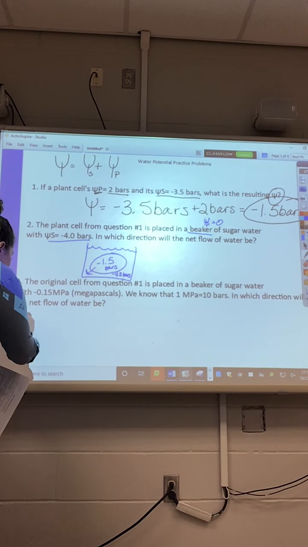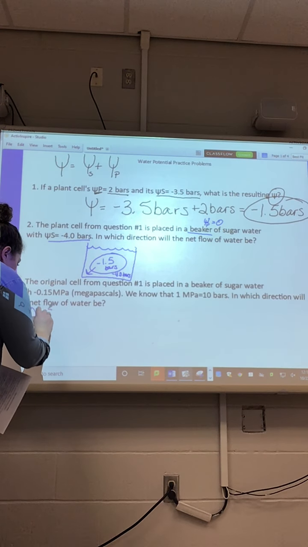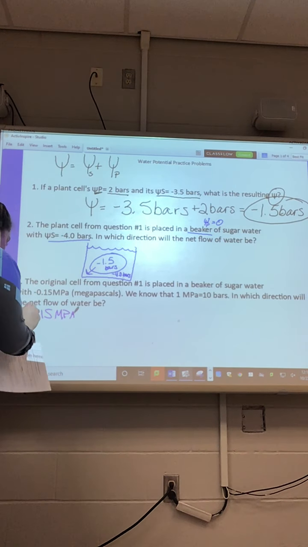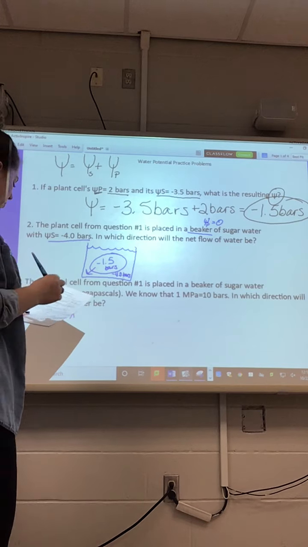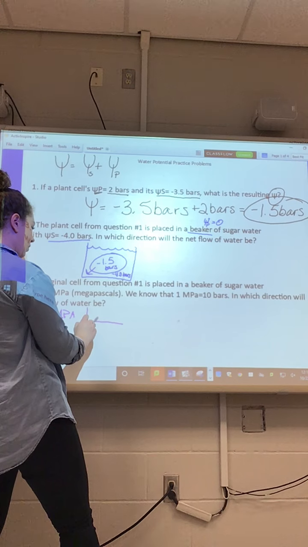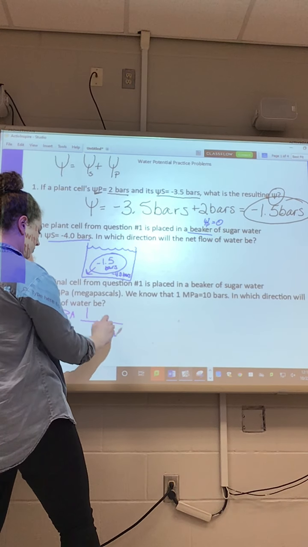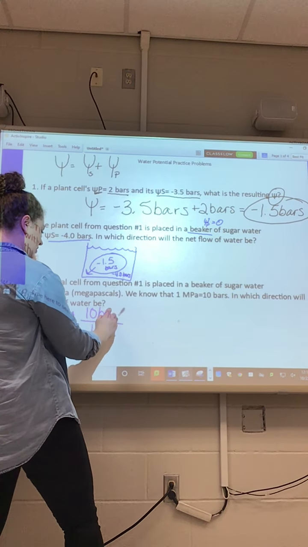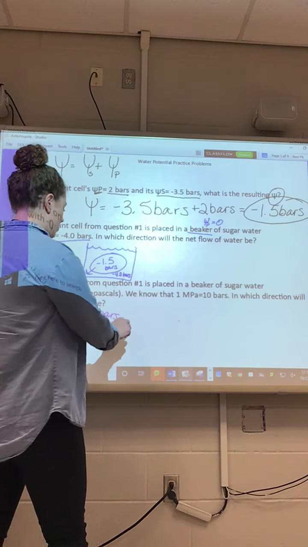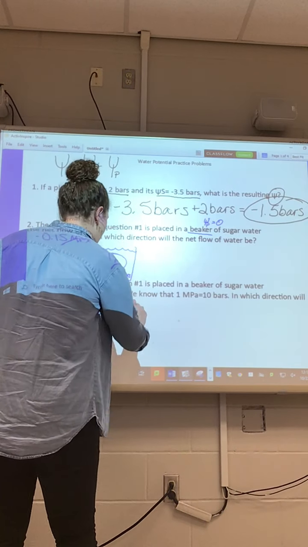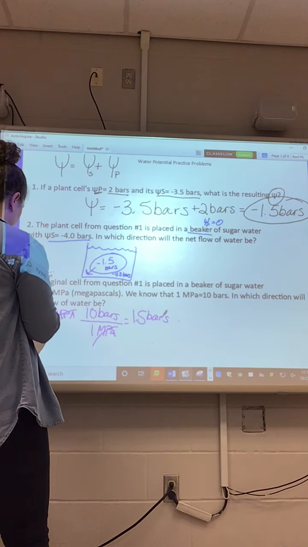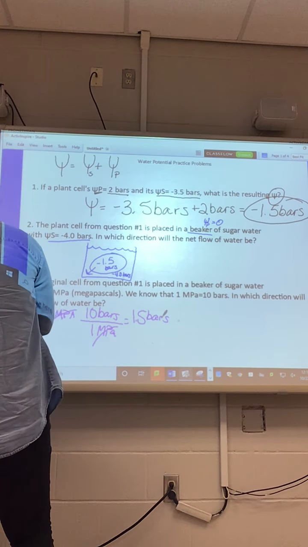All right, so we're setting it up. If I have negative 0.15 megapascals, we know that every 1 megapascal equals 10 bars. Scratch that out, 10 times 0.15, and we have that it is 1.5 bars. And it's negative.